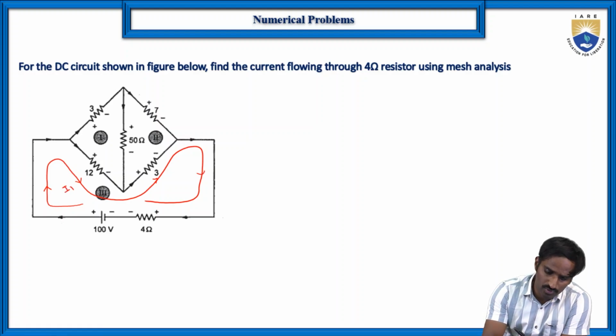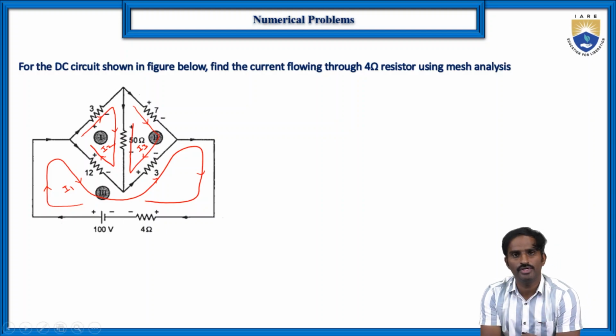In the second loop, because the loop 1 current direction is entering towards this one, we can make it like this. This is I2. And this is the third loop, let us consider. And in the third loop, let us consider this is the direction of the current, I3.